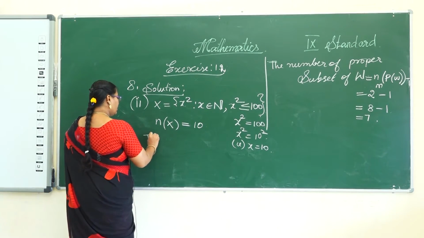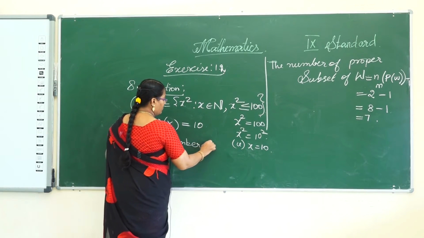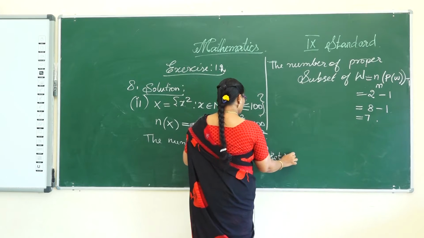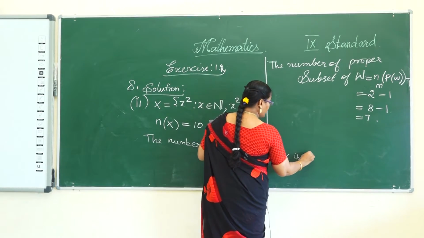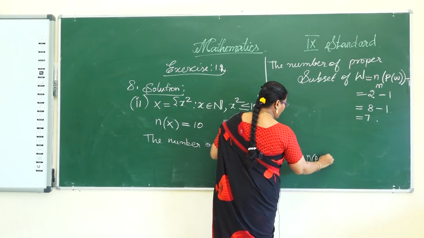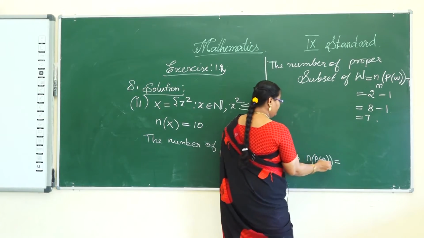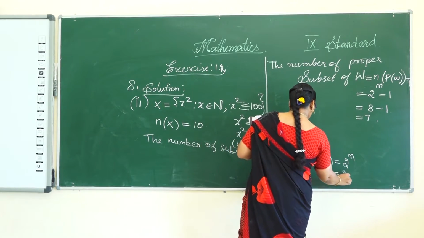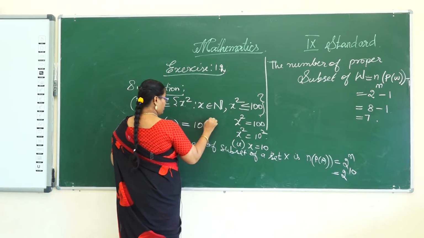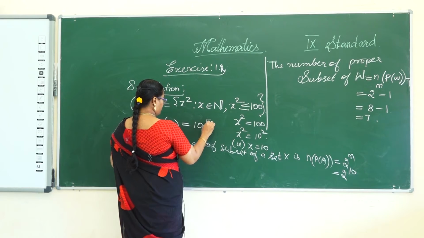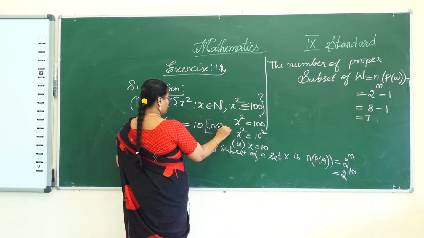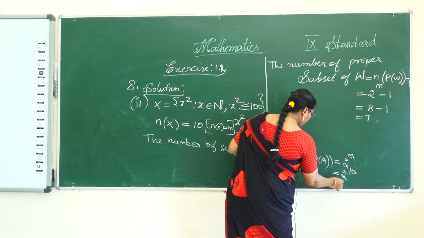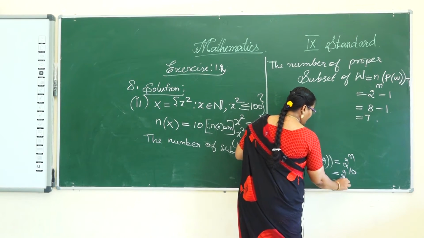And next, as usual, the number of subsets of a set X is n of P of A equal to 2 power m. 2 power m means 2 power 10. n of X is equal to m. 2 power 10 value is 2 multiplied by itself 10 times.